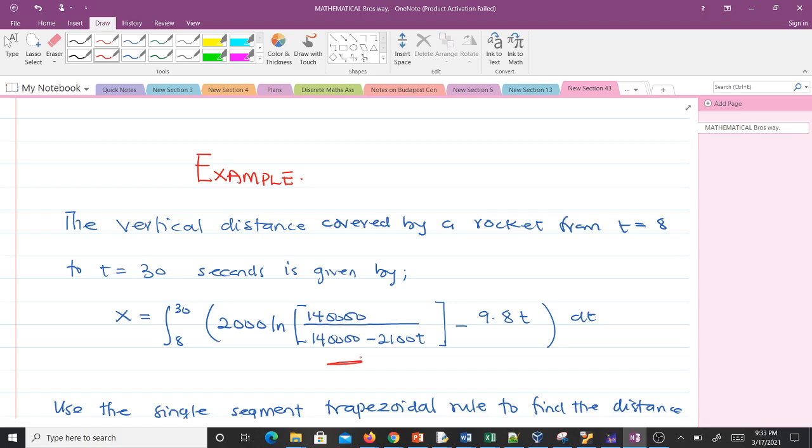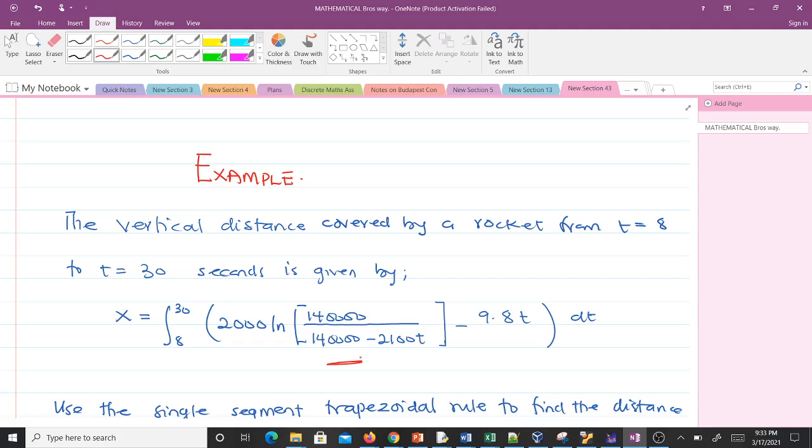So that's the reason why we employ numerical methods to do such integration for us when our integrand is somehow difficult to integrate using analytical methods.